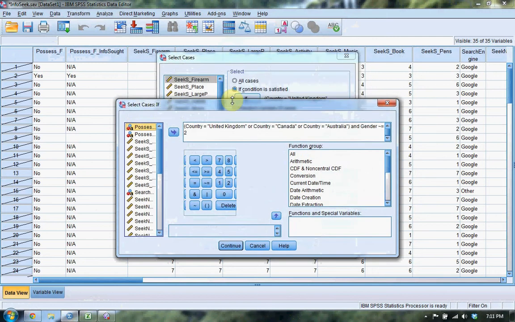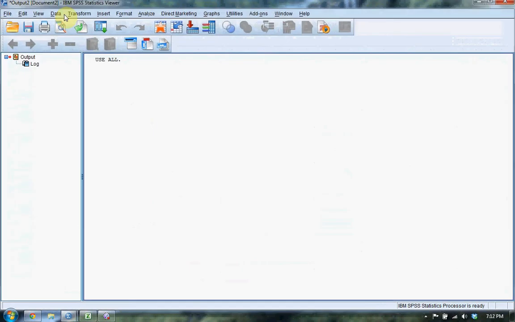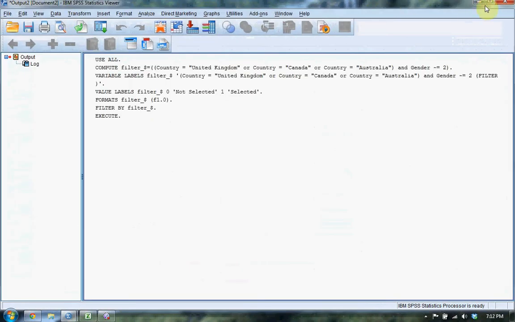So go into select cases, and we are going to select this. If you'll recall, these three countries have the same cell size of 5, and we are just going to isolate male and female gender. We'll cut out the individuals in our sample who marked other using this. So go ahead and select this, and we'll just click continue and OK, and it worked.